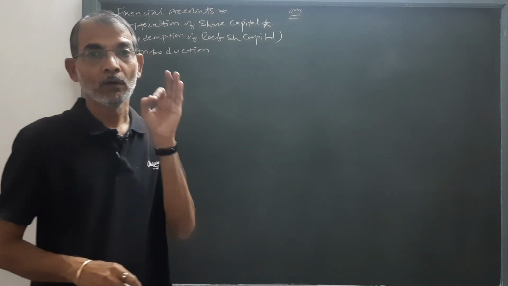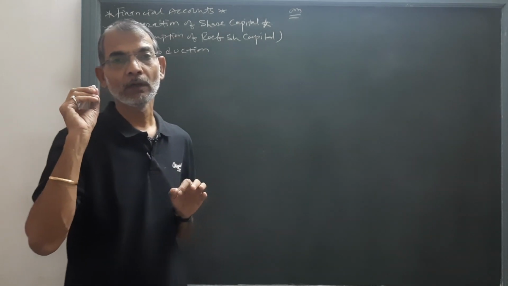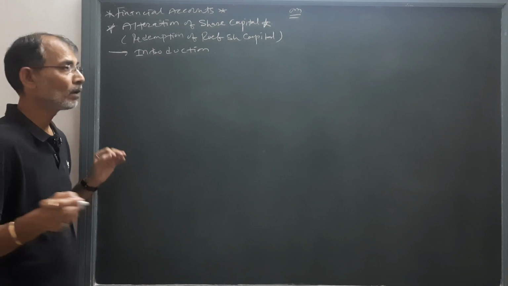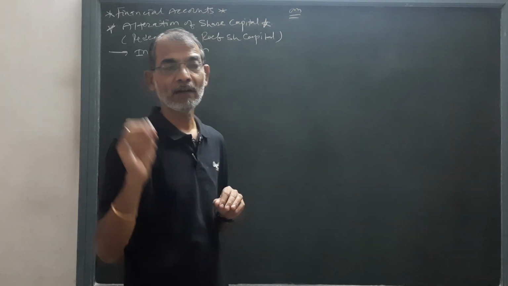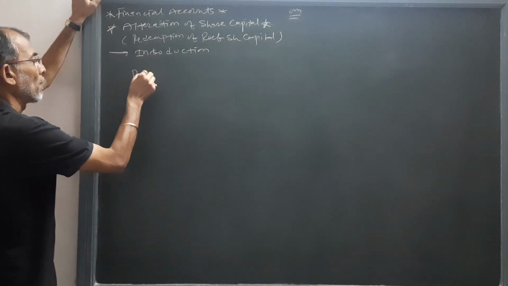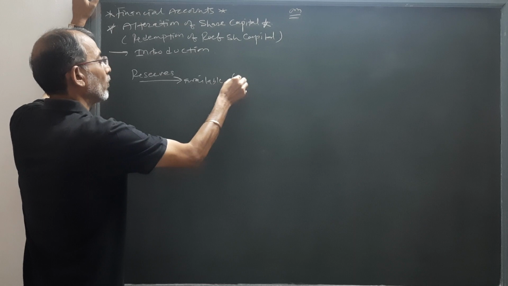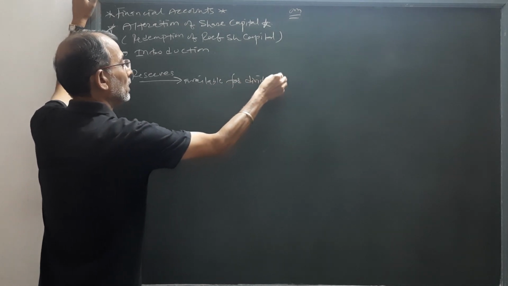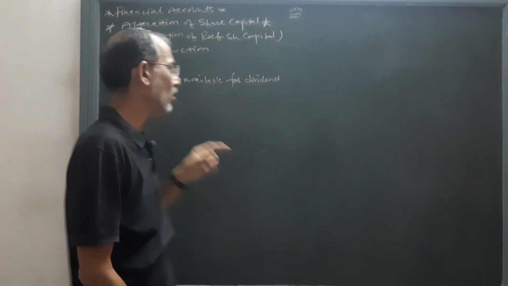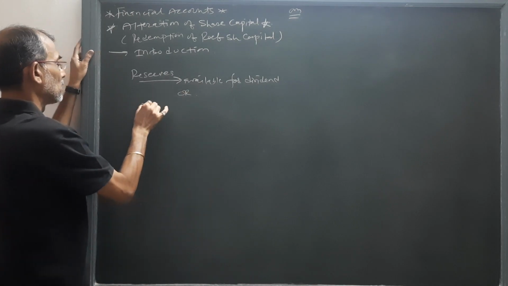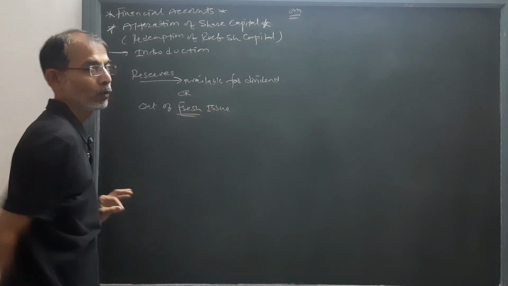As we know, redeemable preference shares are always redeemed after their due period, and to redeem that share capital, the company must have reserves which are available for dividend, or out of a fresh issue.